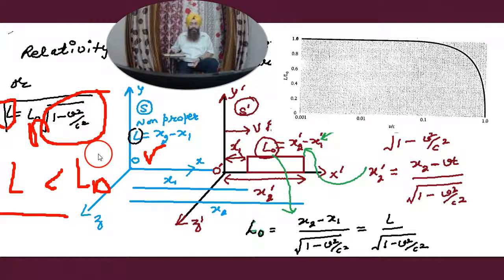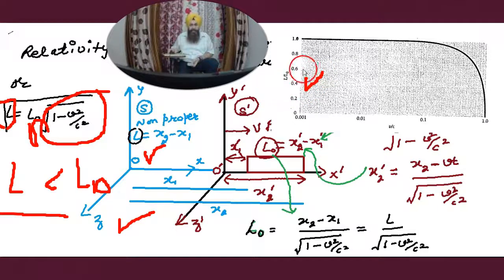But keep one thing in mind: the length contraction is noticeable only when V is very large, approximately equal to the velocity of light, V approaching C, as you can see in the graph here.